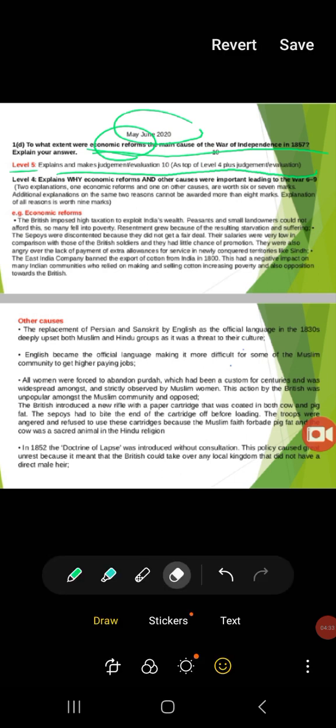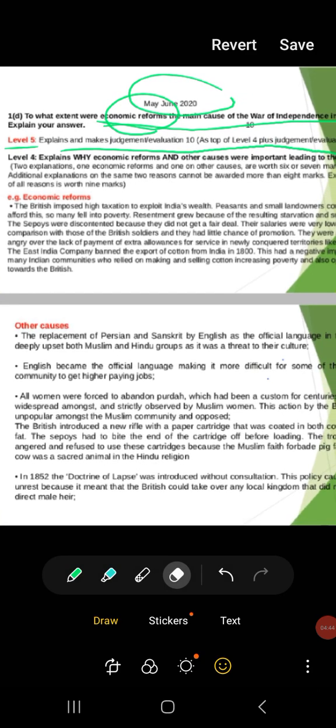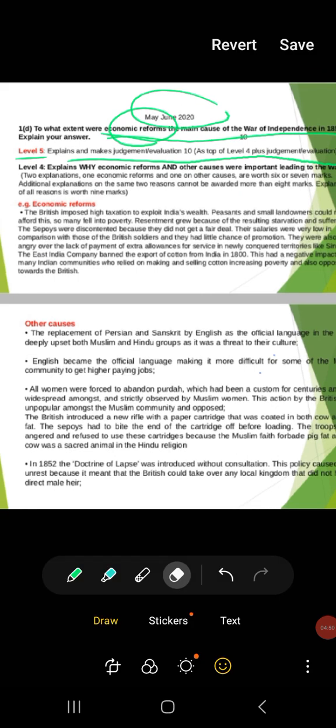Okay, now I'm wiping it off because maybe you will not be able to read the points correctly. After highlighting it, I'll wipe it out. Okay, now come to the third point. We are still reading the British soldiers. Chance of promotion.